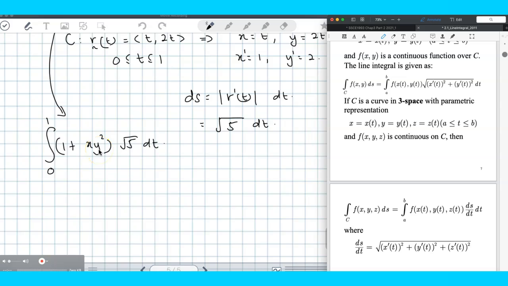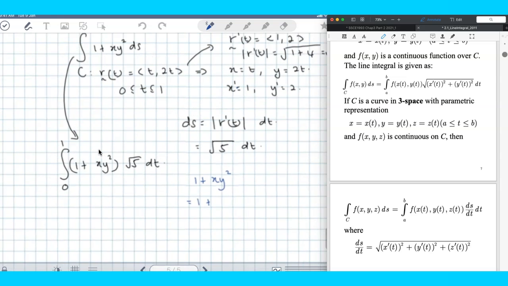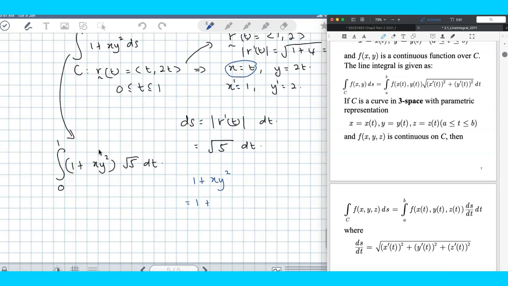Now you focus on the integrand. Your original integrand is 1 plus xy squared. You have to convert into t, so you plug in x equal to t and y equal to 2t.